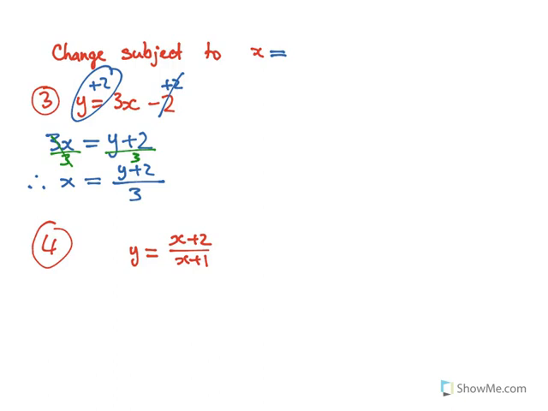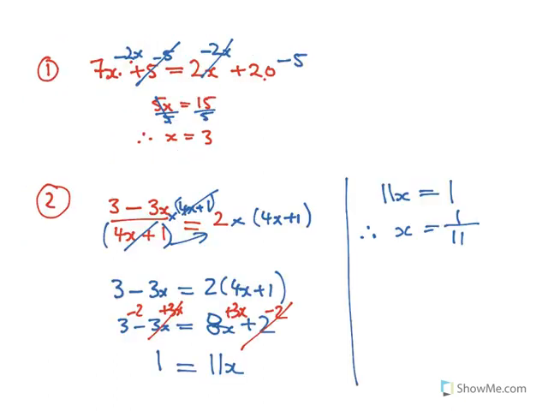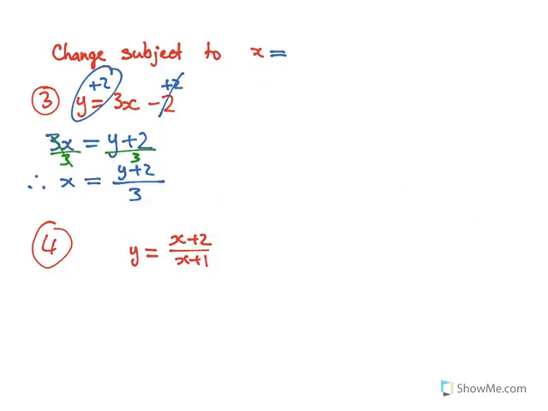This next one's interesting. What I have to do is almost what I did here in this one. So I'm going to multiply the left-hand side by x plus 1. I'm not going to show all my working out. I'm just going to do it as I would. So I'm just going to go y times x plus 1 is equal to x plus 2.